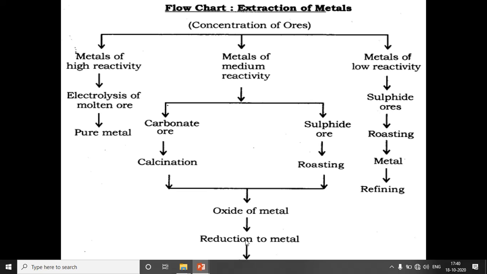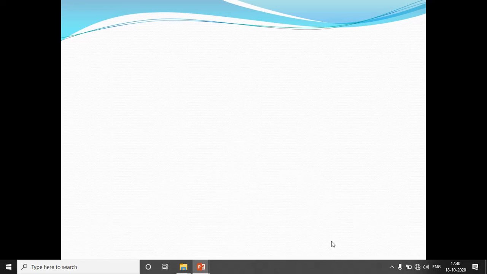After that it is reduced to the metal, then it is purified. Then metals of low reactivity: if it is available in the form of sulfide ores, it undergoes roasting, then it can be converted into metal. After that it has to be purified. Okay, so these are the steps involved in the extraction of metals. We will learn briefly about this now.